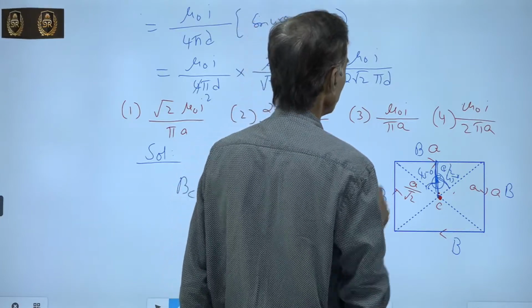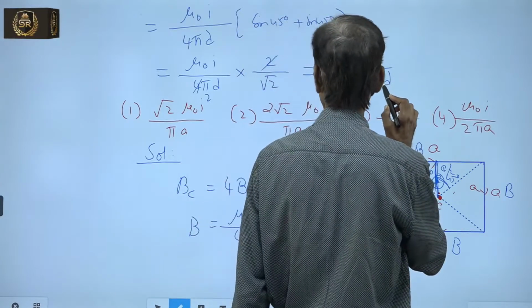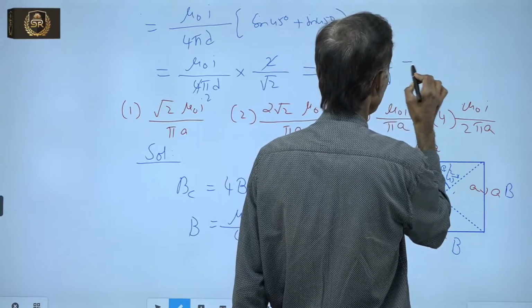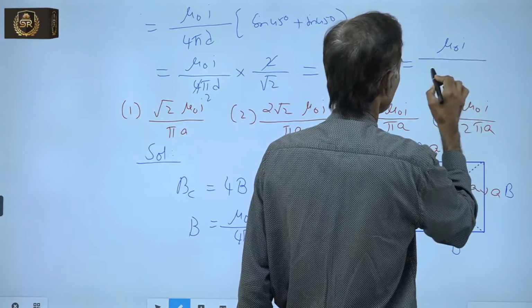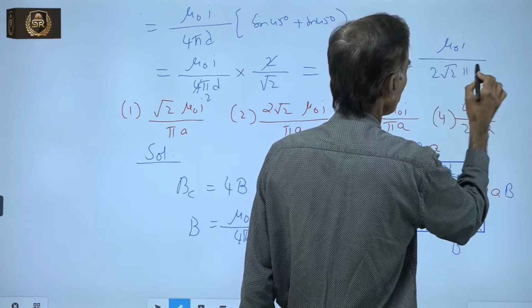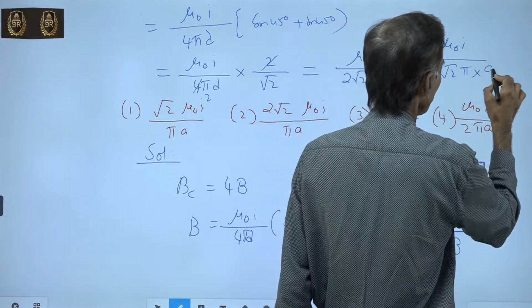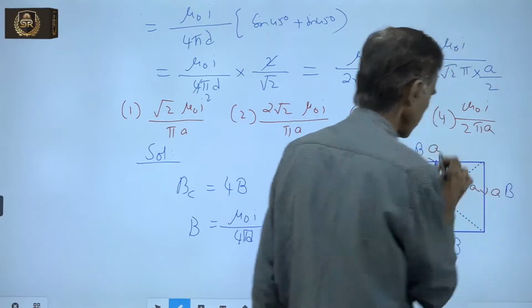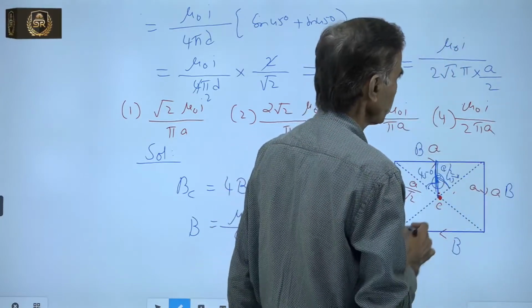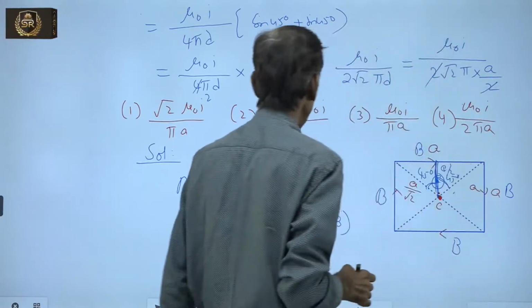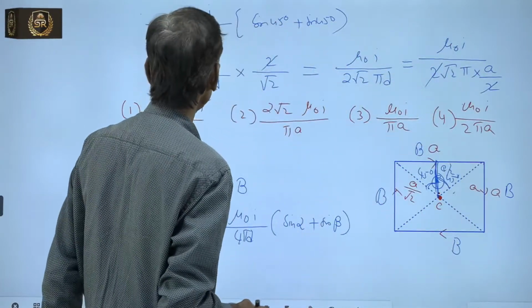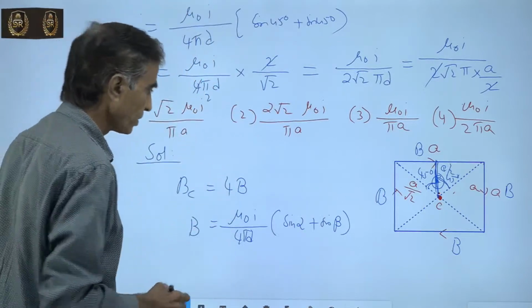But what is d, sir? A by 2, no? So mu naught I by 2 root 2 into pi into a by 2, because this perpendicular distance is a by 2. Therefore 2 gets cancelled. So we have pi a. Now what is our value? 4 times that value, no?